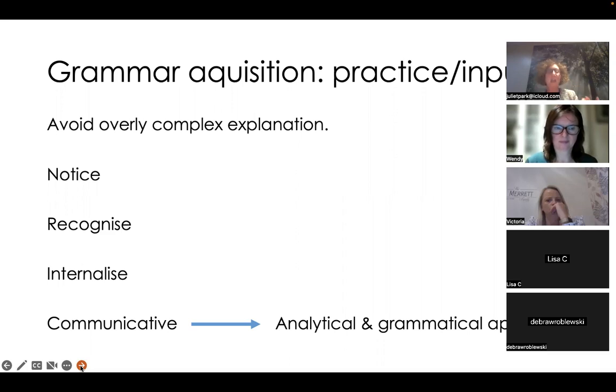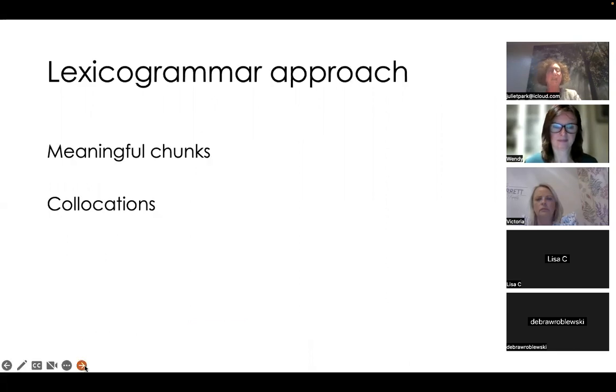It's just about exposing children gradually till they start to notice, and then we come back to it at a later stage. So noticing, starting to recognize, starting to internalize, communicative approaches where children are practicing and using the language, but not necessarily independently. It's about using support mechanisms. And then as they get older and they come back to ideas over and over again, they can start to analyze them in more detail.